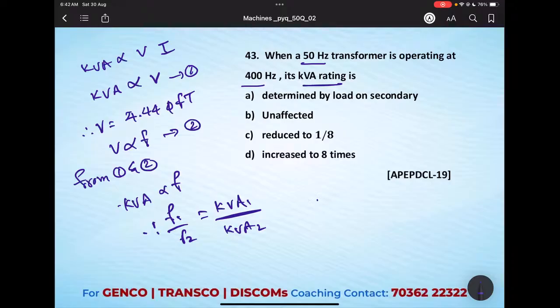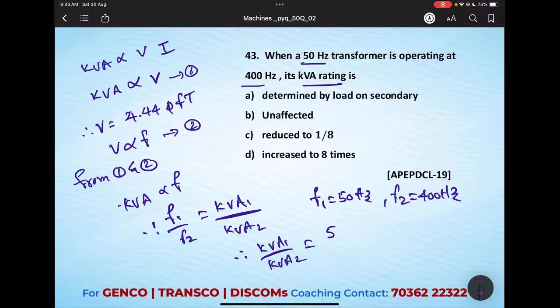What is the given data? f1 is equal to 50 Hz, f2 is equal to 400 Hz. Let's substitute the given data here. Therefore kVA1 by kVA2 equals 50 by 400.